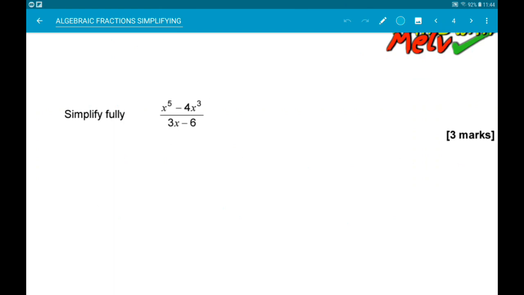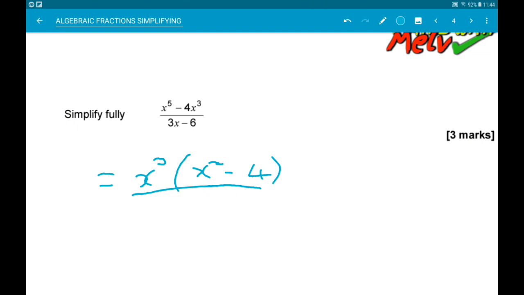Next up, we want to simplify x to the 5 minus 4x cubed over 3x minus 6. Okay, so up on top, the biggest common factor is x cubed. So the top we can write as x cubed times x squared minus 4. And on the bottom, we have a common factor of 3.